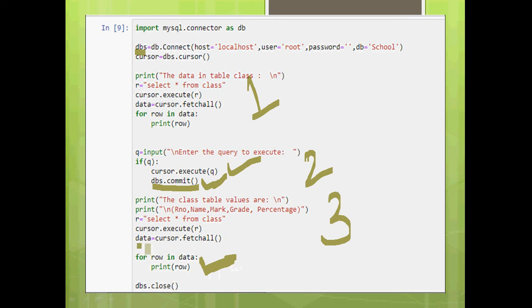Data is a list now, a list containing all the rows from the database, class table. Now it is displaying row by row. The first value will be the first row, the second value of data will be the second row. It goes on and displays the same.